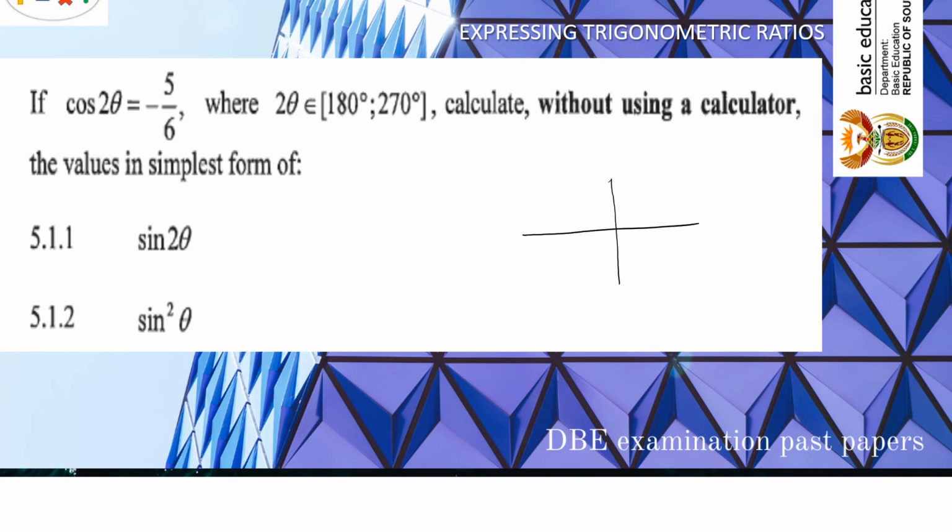I'm just going to use the black pen here. This is my Cartesian plane: first quadrant, second quadrant, third quadrant, fourth quadrant.